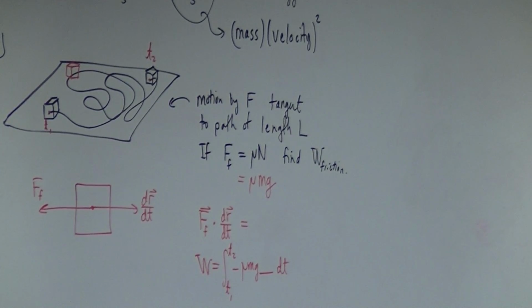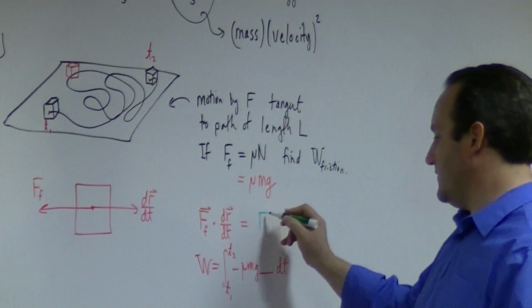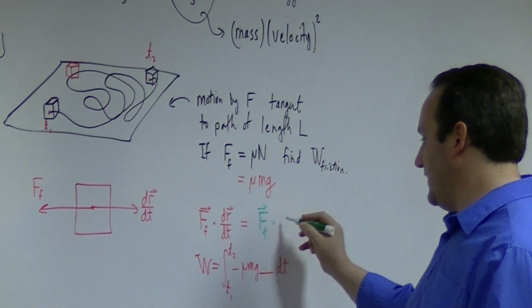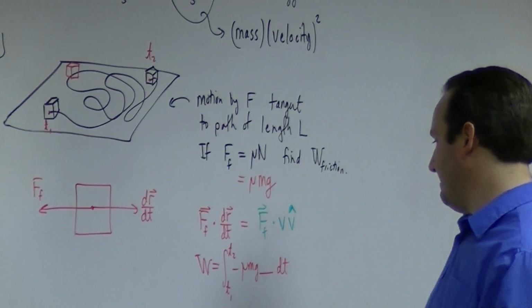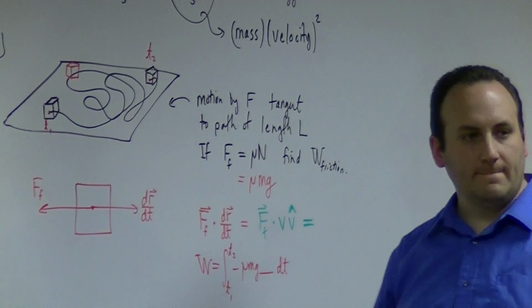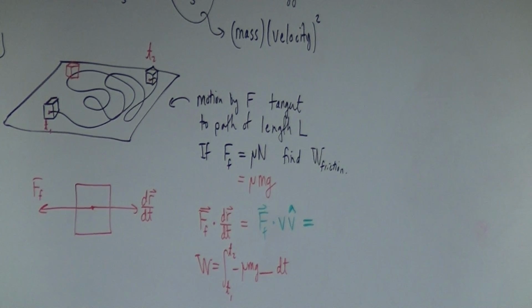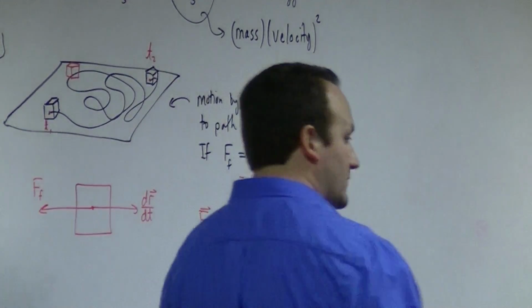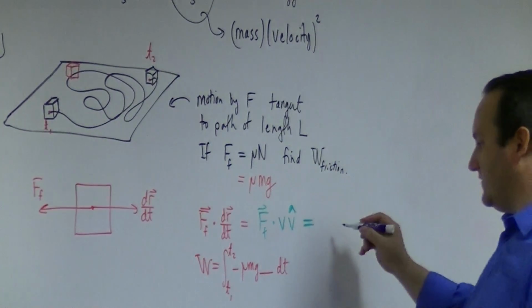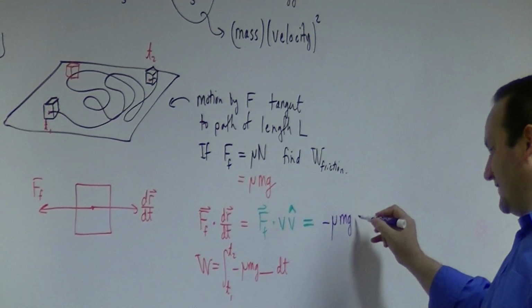Velocity is what? It's speed times direction, right? So I can write this as the force of friction dotted with the speed times the direction, v times v hat. But it's clear that v hat is anti-parallel to the force of friction, so this is just minus mu mg times the speed.